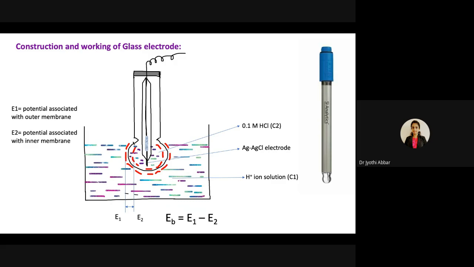When the glass membrane is in contact with two solutions, inside as well as outside, made up of H plus ions but of different concentration, then there develops a potential, and that potential is called the boundary potential, which is represented by EB.